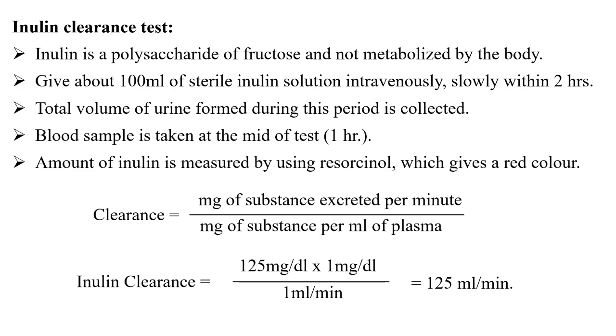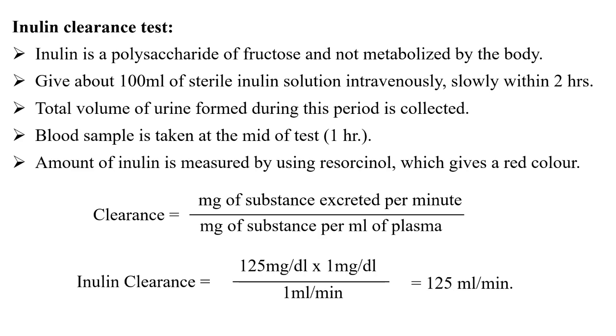Then the total volume of urine formed during this period is collected. Next, a blood sample is taken at the mid of the test, at 1 hour. The amount of inulin is measured using the resorcinol test, which gives a red color. Then we measure the inulin clearance.